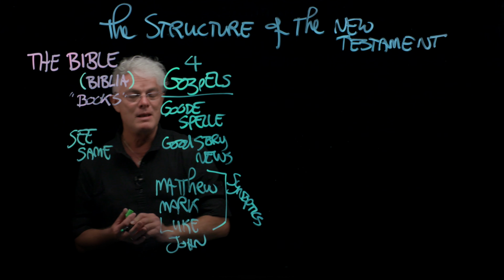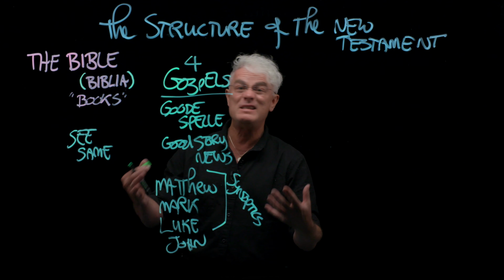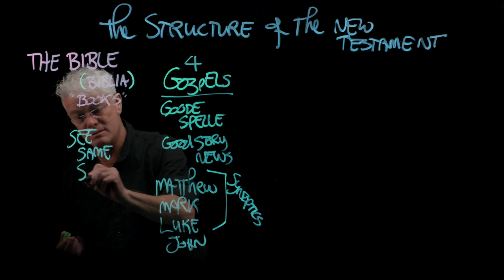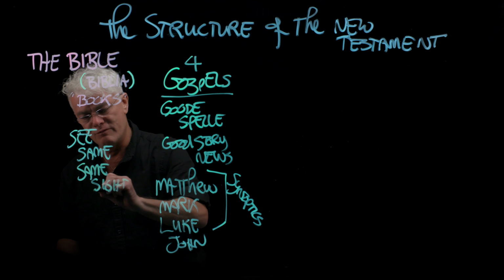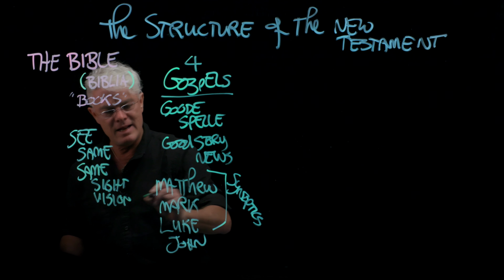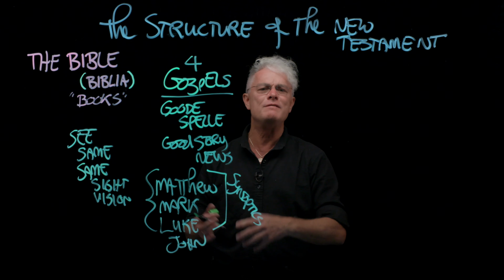You go to an optometrist or an ophthalmologist or an optician to get glasses for your optic nerves. So optic and syn together, synoptics, seeing the same vision, sight or vision. And it's because Matthew, Mark, and Luke all present the story of Jesus in a very similar way.